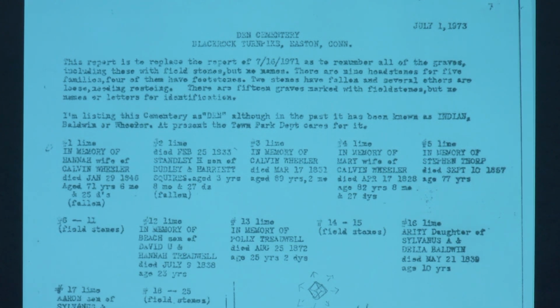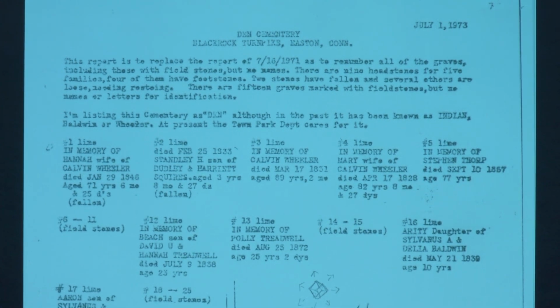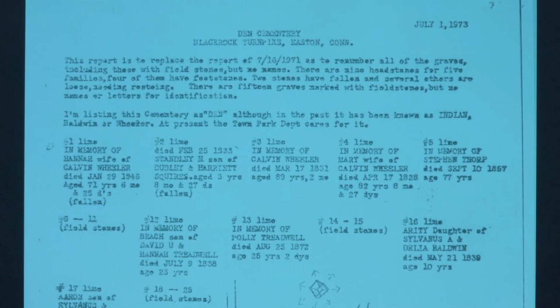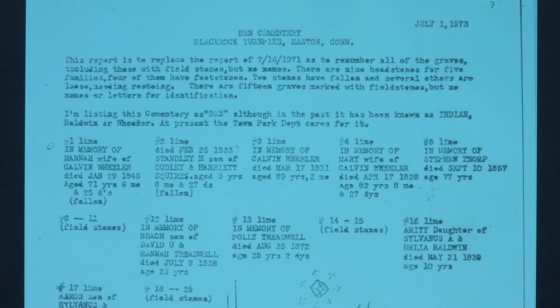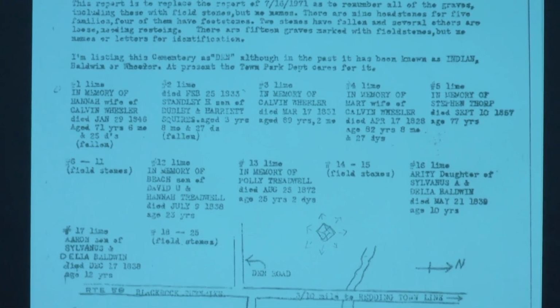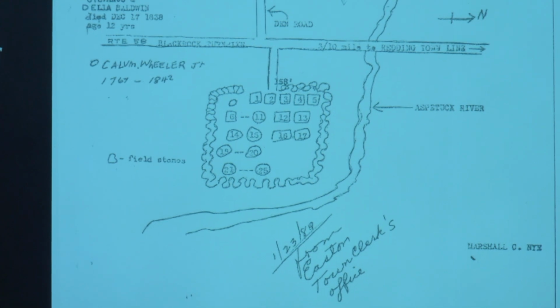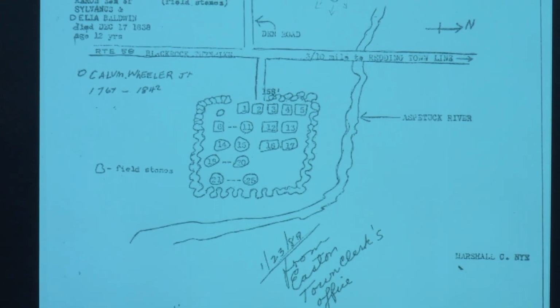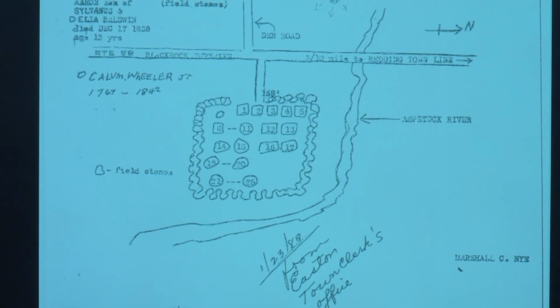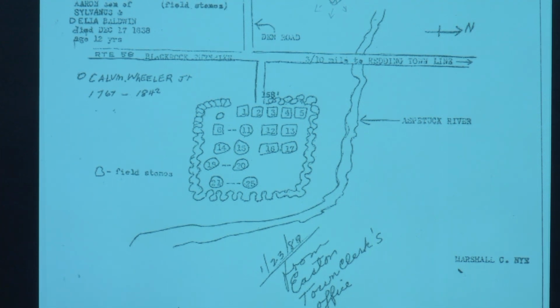So it's great to be able to see what was legible in the 1970s and carry that forward today. Again, a stylized map of the cemetery showing where the Ascatuck River is. All the legible inscriptions are listed for 10 headstones, but 25 markers in total, so keep that in mind as we move through. 25 headstones in total.